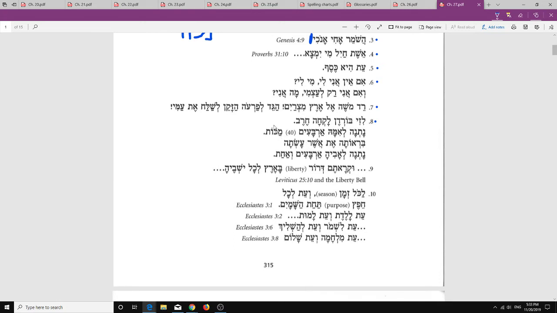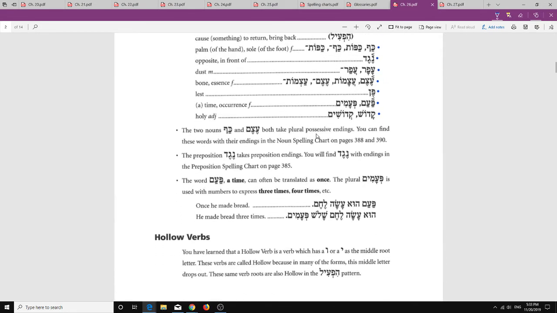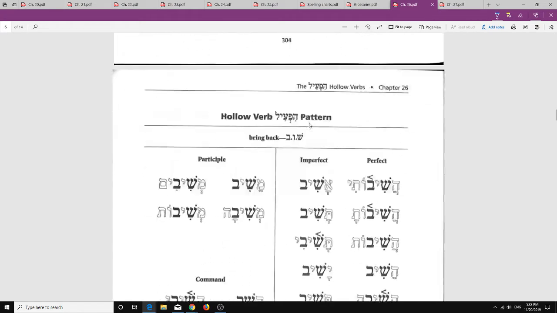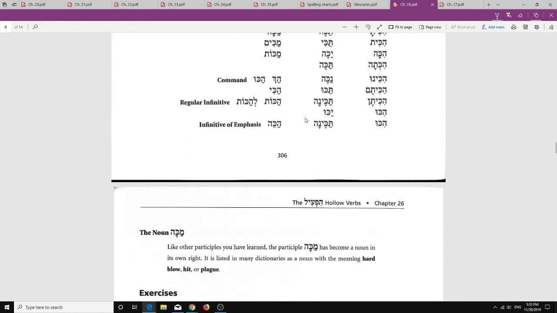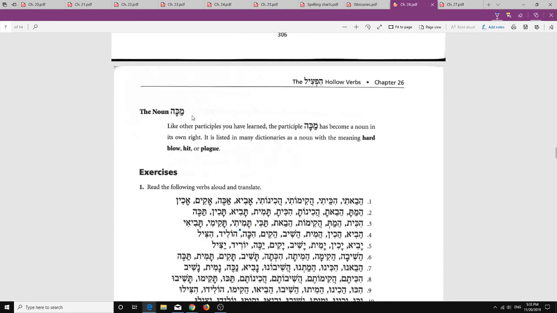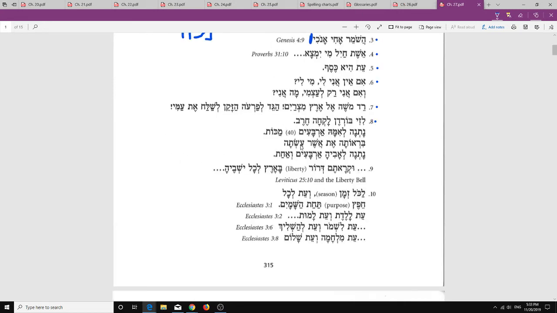Again, we have the word for strike here. We can see that it is a participle. Actually, I think, was it the last chapter? We talked about this word just becoming a word in its own right because it's used. Yeah, here we go. So it just becomes like a hard blow, a hit, a plague, a strike, something like that. She gave to her mother 40 hits. We can see it's plural.